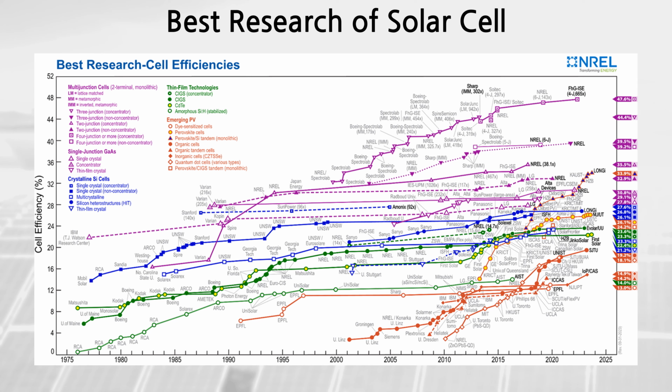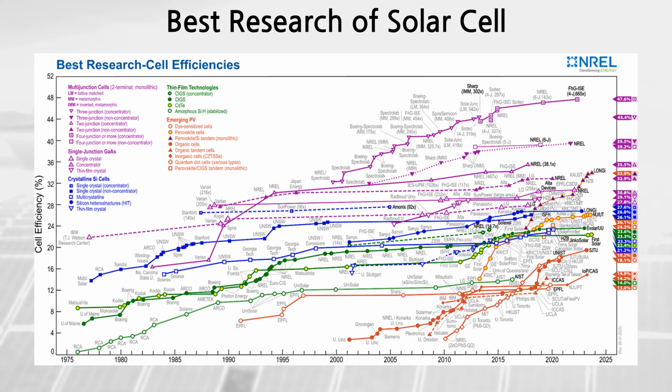Next is a graph that allows you to look at trends through research that recorded the highest efficiency by year. The blue line in the graph shows that the crystalline silicon-based single-layer solar cell records a maximum of 27.6%, and it can be seen that the increase in efficiency is not continuous and is stagnant.